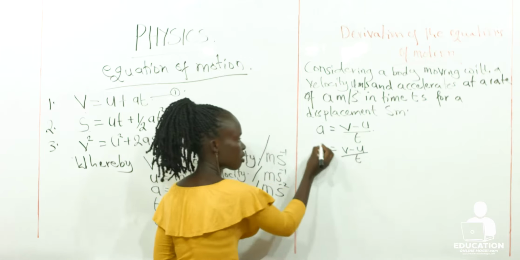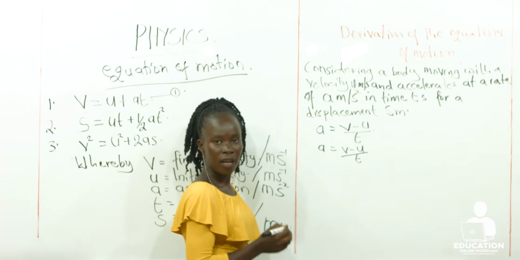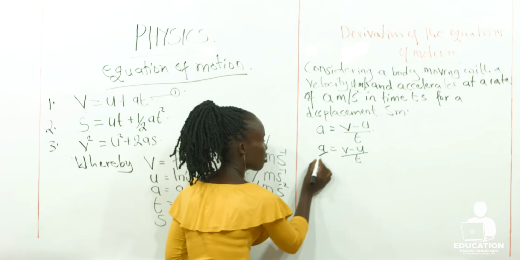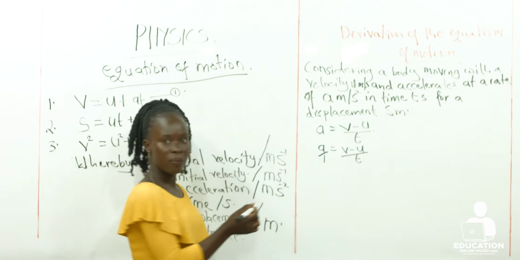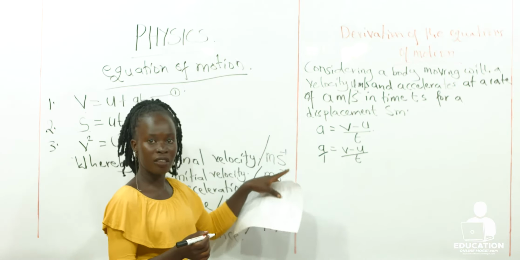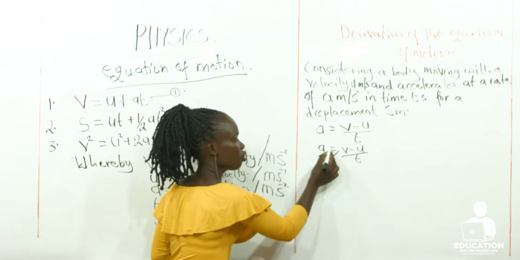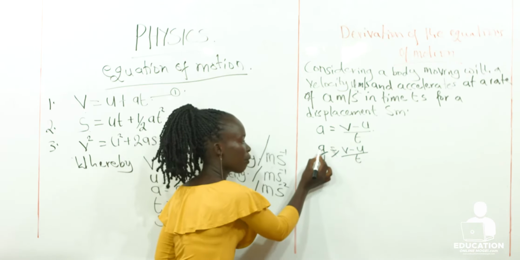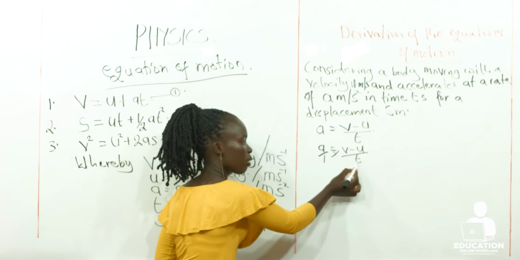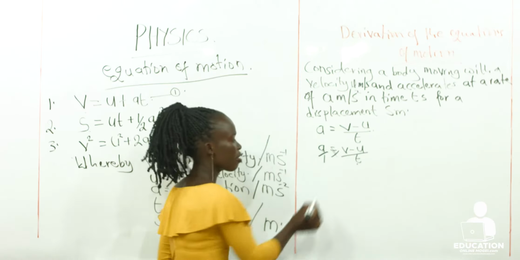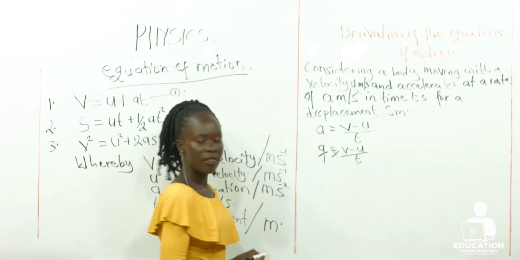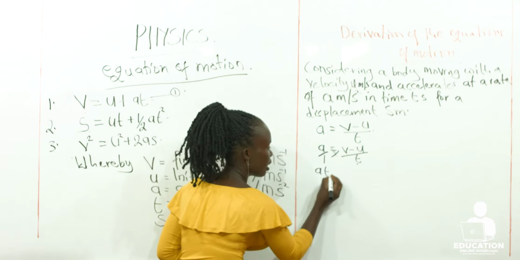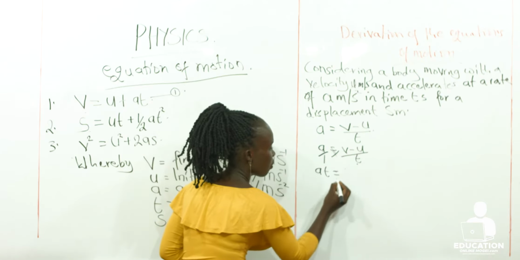Then we can make the a a fraction by dividing it by 1, so that we are able to cross multiply now. When you cross multiply, this letter here is going to multiply with the denominator, and this one here will multiply itself with the numerator on that side. So what happens is we shall have at is equal to this one.